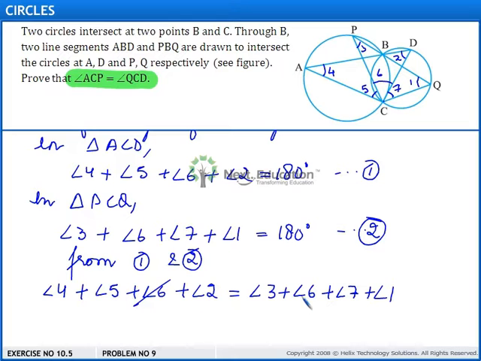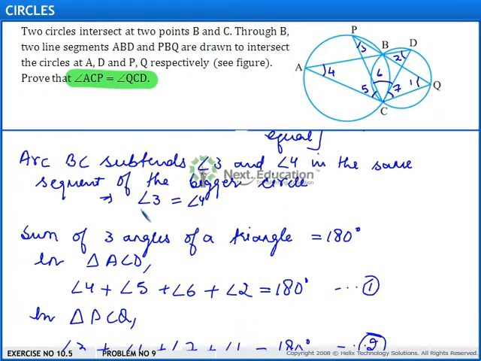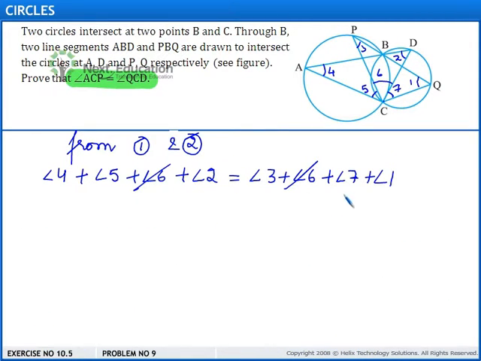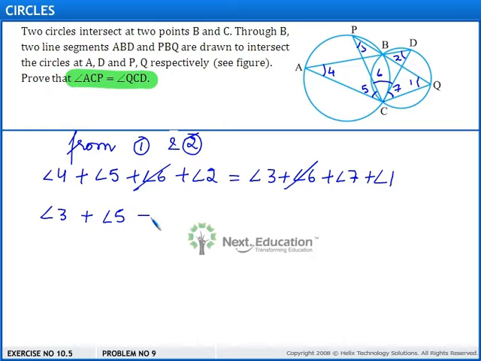Now angle 6 cancels out with angle 6, and angle 3 is equal to angle 4 and angle 1 is equal to angle 2. So writing angle 3 in place of angle 4, angle 3 plus angle 5 plus angle 2 is equal to angle 3 plus angle 7 plus angle 1, and angle 1 is equal to angle 2.